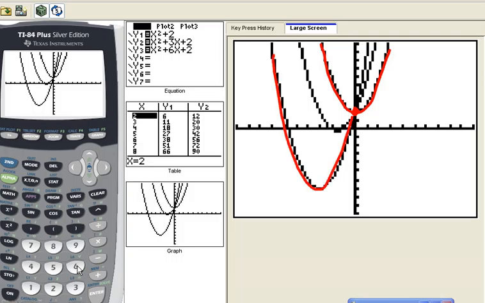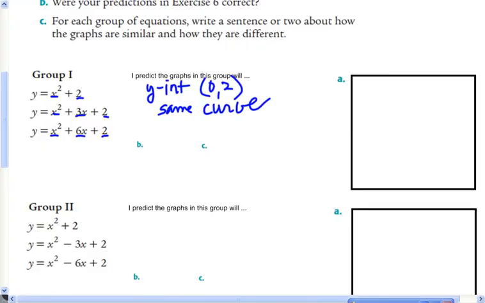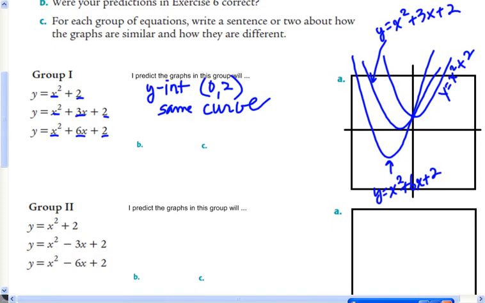All right, so I'm going to sketch those. And since I used the standard window, I'll just draw my x and y axis there. All right, so I made my sketch. And what we're going to do now is answer question B, were our predictions correct? And yeah, we were correct about that. Then we want to write a sentence or two about how the graphs are similar and how they're different. The similarities are the curve is the same and the y-intercept is the same.